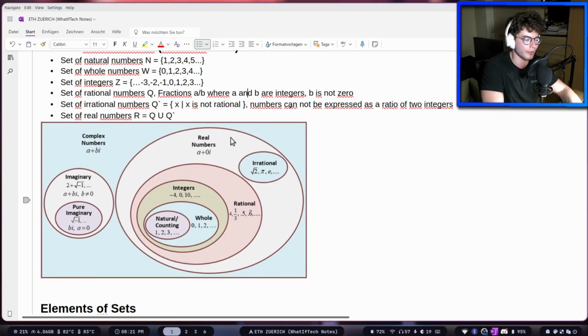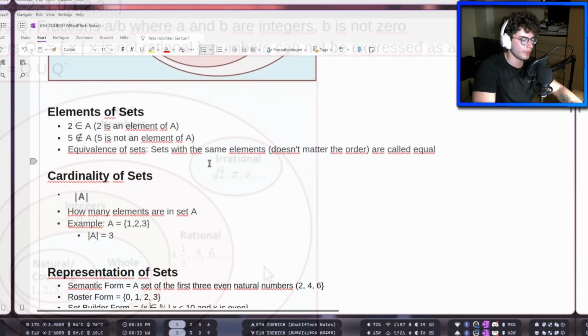As you can see in this graphic, this implies natural numbers 1 through positive infinity, whole includes the 0, integers the negative whole numbers, rational includes fractions 1/3, 4/5, periodic 6. Irrational cannot be described as a fraction of two integers. And real numbers combines irrational and rational numbers.